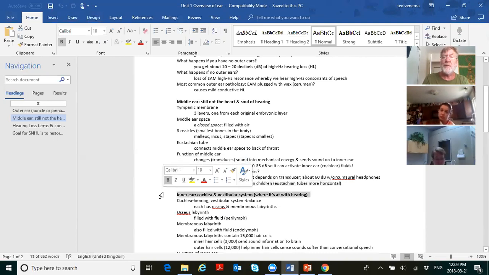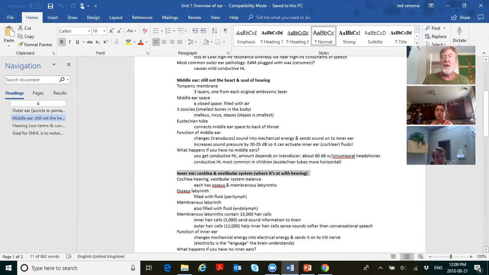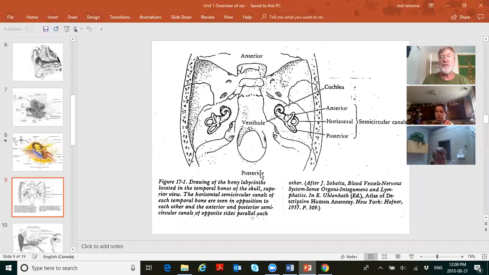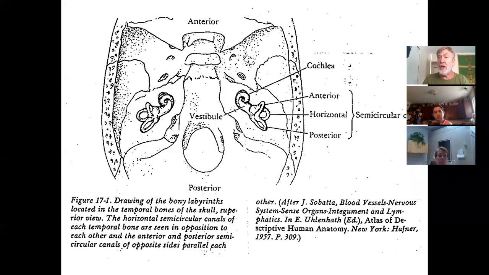Inner ear. Let's look at this guy. This is the heart and soul of hearing. This is everything. Let's look at pictures, just for fun. If you're looking at the top of a head, and I'll blow this up and make it bigger, and you took out someone's brains, okay, the back of his head is going to be here, the front of his head is going to be here, where his eyes are, and inside the skull you see the cochlea and the balance organs.